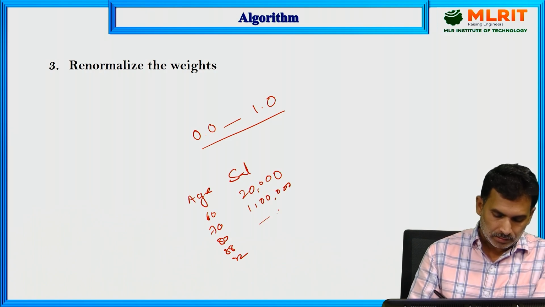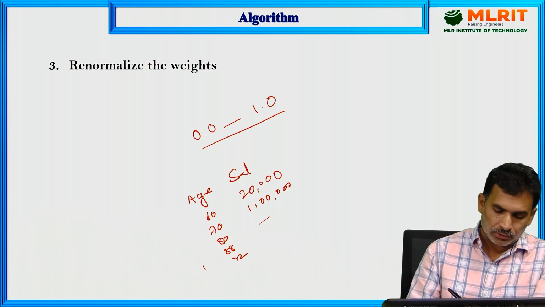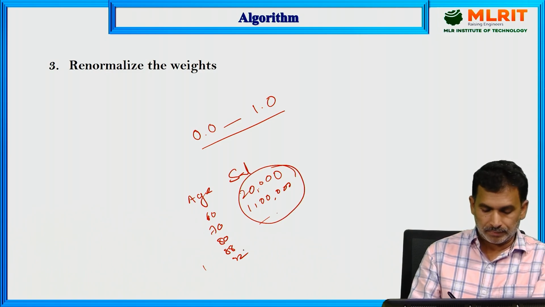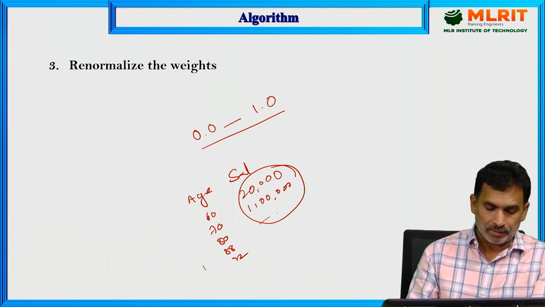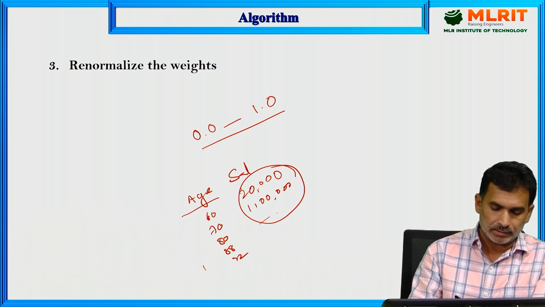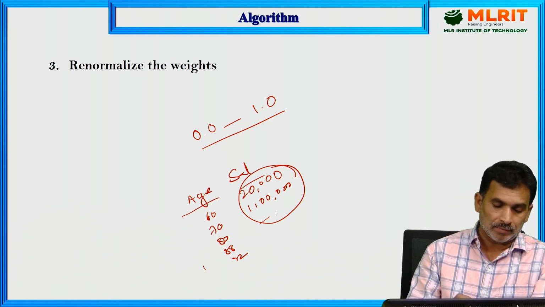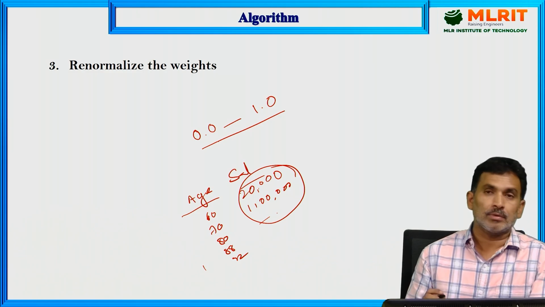If you plot the distribution of these two attributes, this attribute is going to dominate the other. To avoid this, the data needs to be normalized, and each value, whether age or salary or any other attribute, will be converted into the range between 0.0 and 1.0.